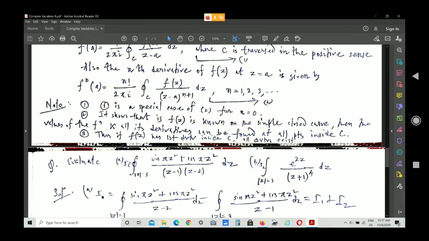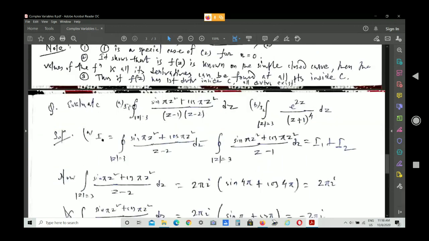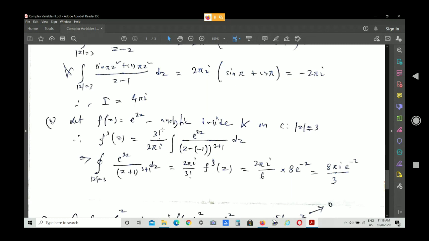Since you have here 4, 4 may be written as 3 plus 1. That is, the value of n is equal to 3. So f'''(a) equals 3 factorial divided by 2 pi i into the integral of f(z) divided by (z minus a) to the power n plus 1.